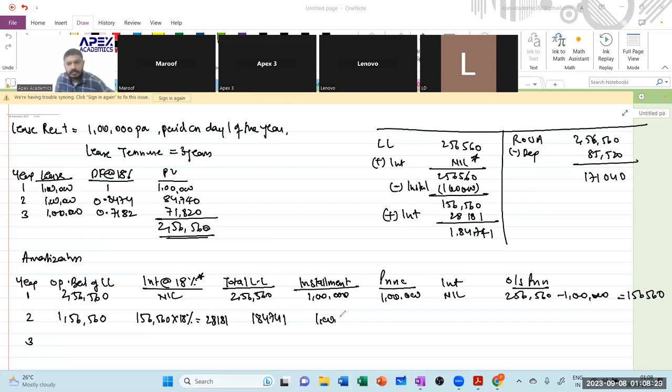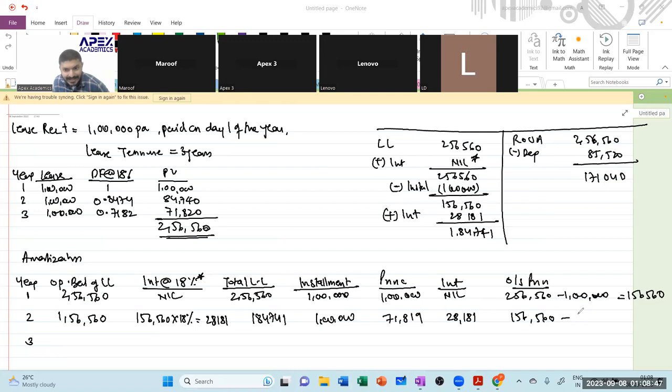Installment 1 lakh. Let's not hurry. Interest 28,181, minus 1 lakh, principal 71,819.